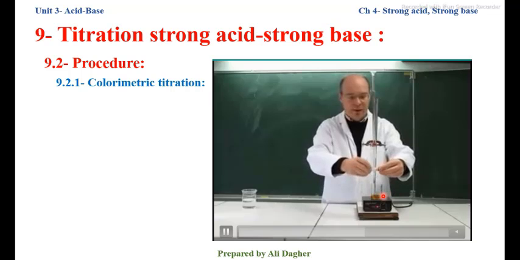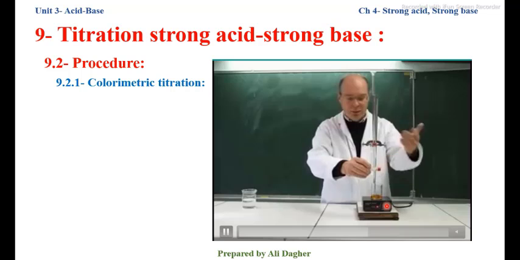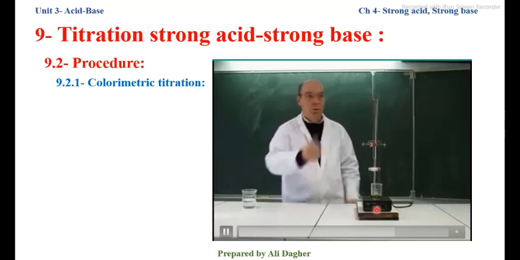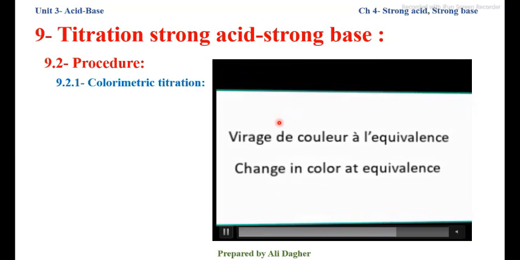Then we add the sodium hydroxide solution from the burette progressively till the change of color from yellow to blue. The last point added and the color changed to blue is the equivalence point. We note the volume at equivalence.